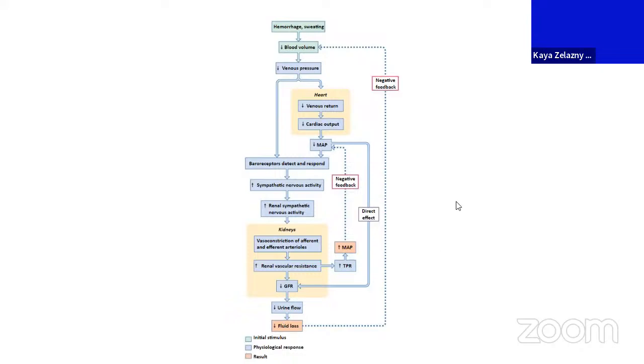You're going to keep it in the blood. And so that's going to help us kind of ultimately pull that blood pressure back up by just not losing any more fluid from this region where we usually would be excreting some of that fluid as waste.